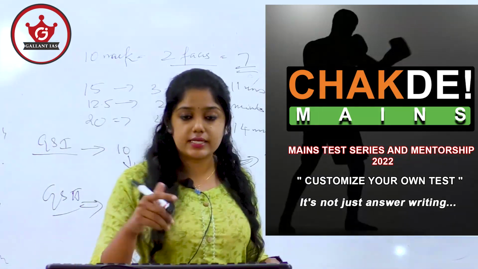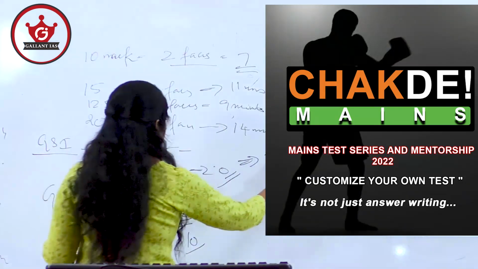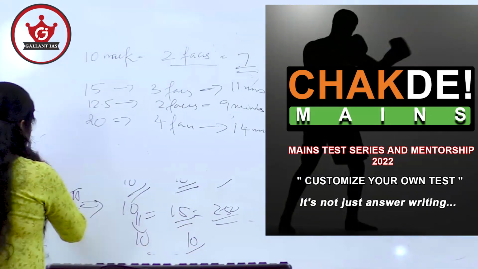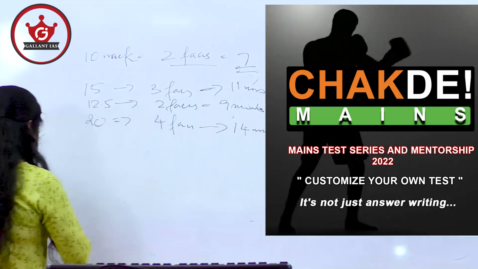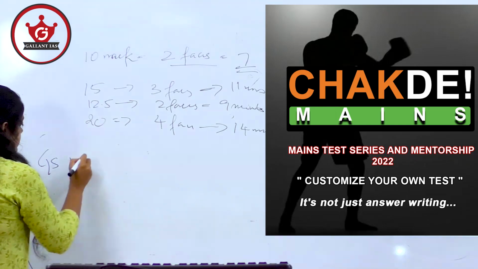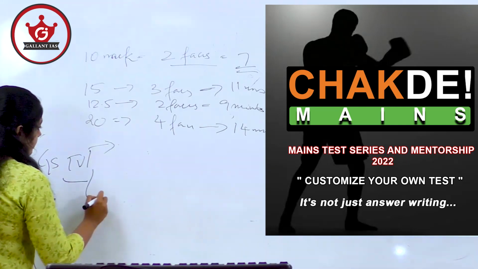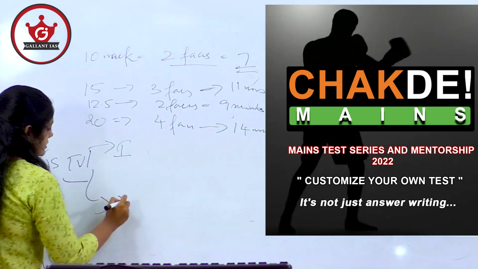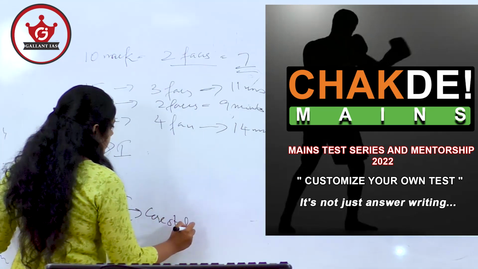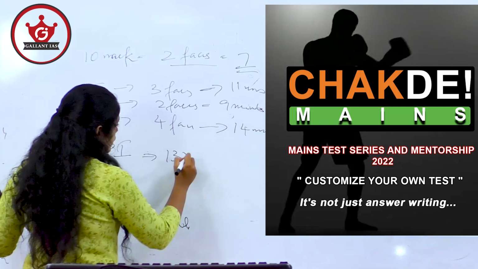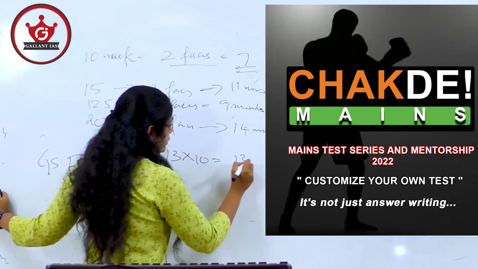So GS4, this is not the case for GS4. In GS4, you will have 13 ten-mark questions. Very important. GS4 has 2 subdivisions, the second is case studies. In the first part, you have 13 questions of 10 marks each, so 130 marks.